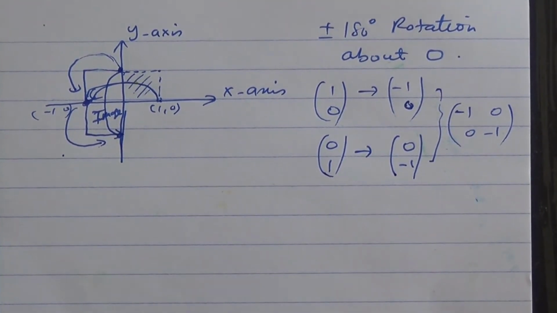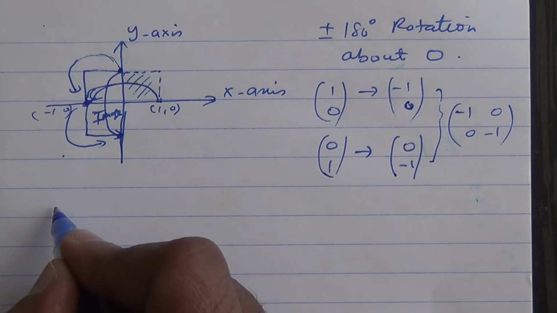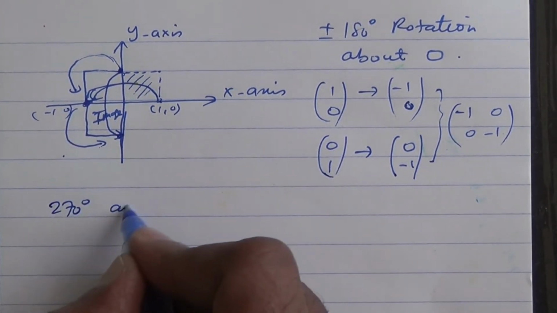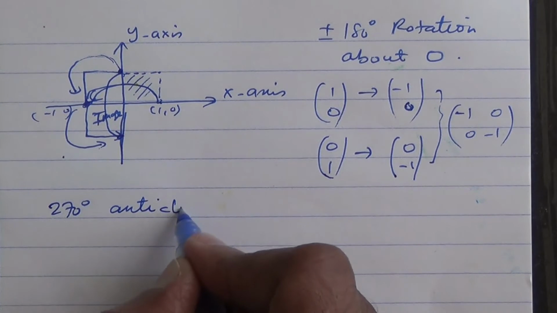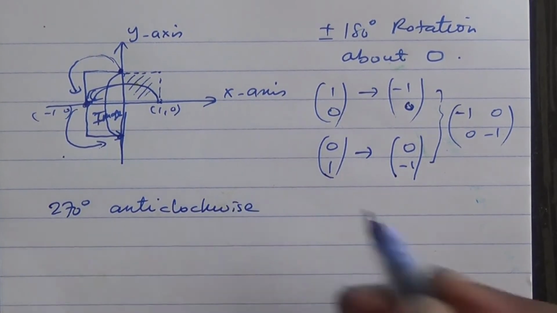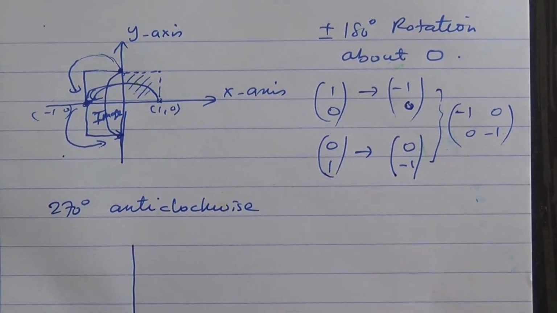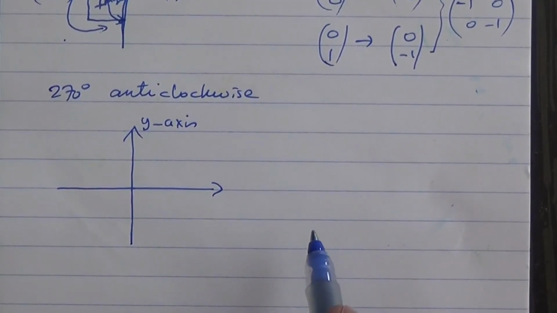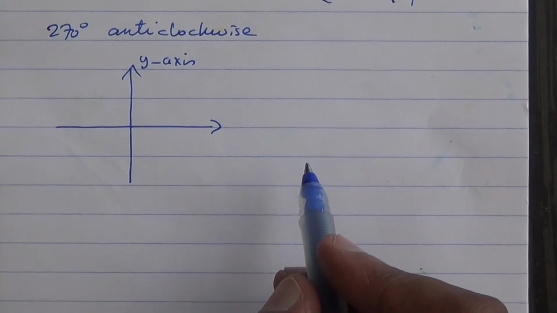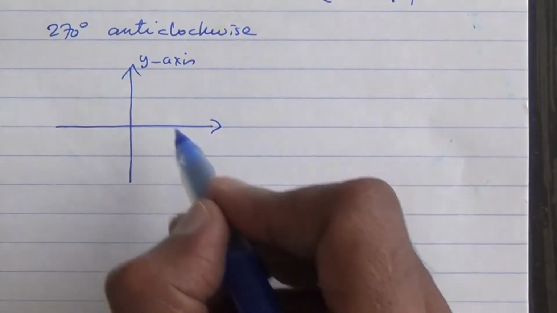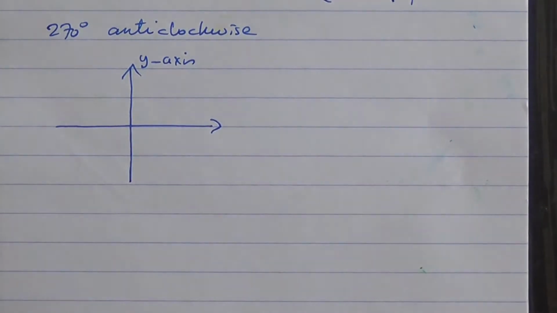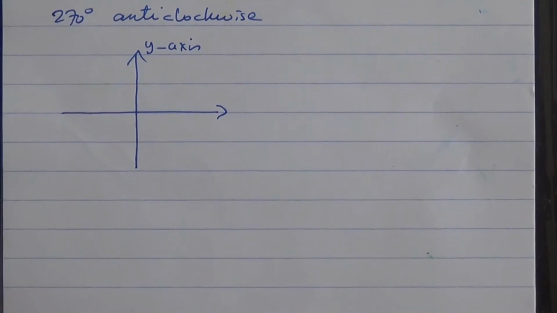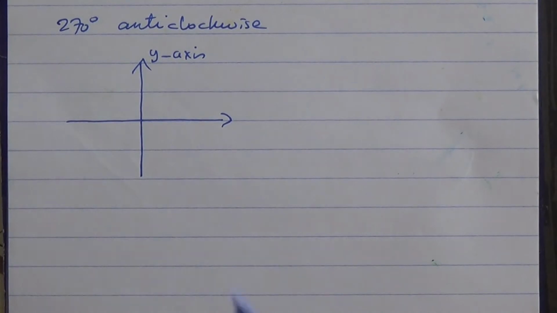Now let's look at rotation of 270 degrees anti-clockwise. So now we're looking at 270 degrees.